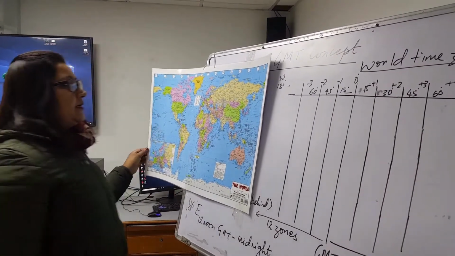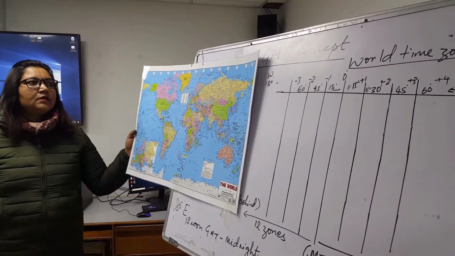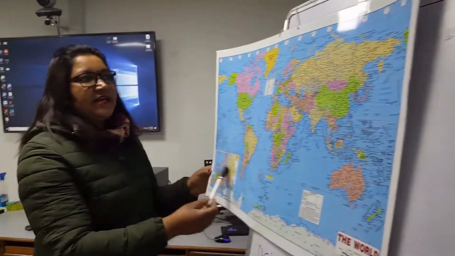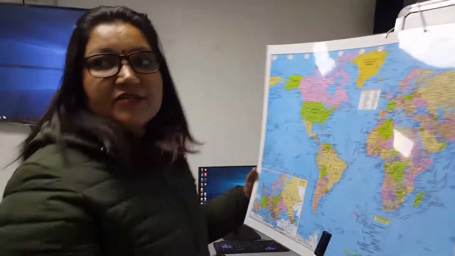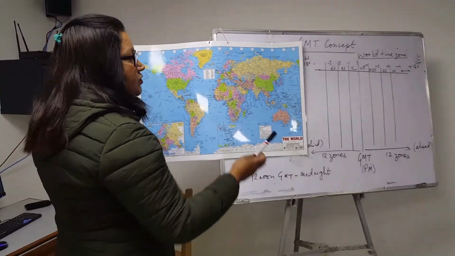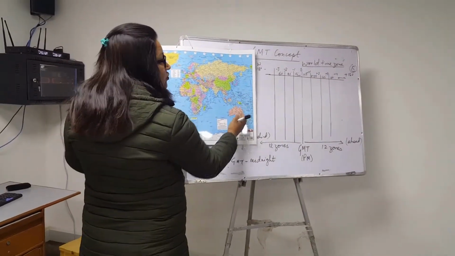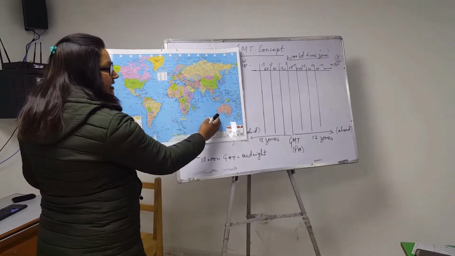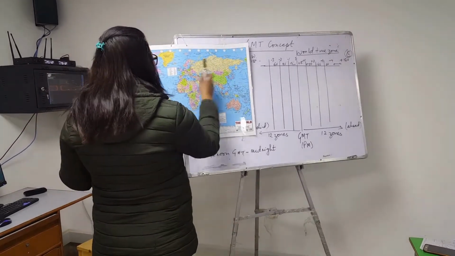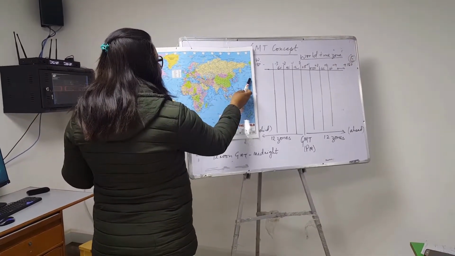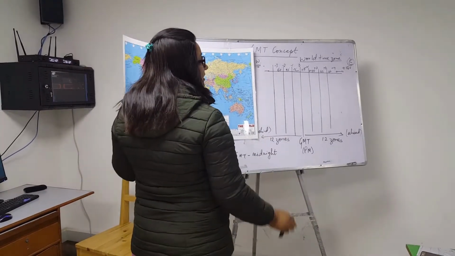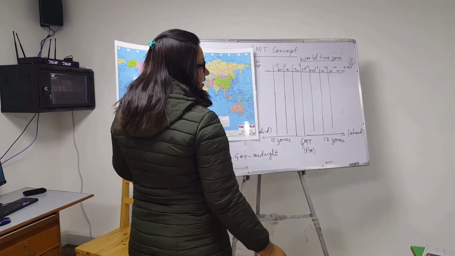Okay, now let's talk about the world time zone map. This world time zone map is followed by various countries to calculate the time of the world in an easy way. So 12 time zones to the eastern side, and 12 time zones to the western side. So there is a 1 hour time zone difference, 15 degree, is it or not? So 15 degree equals to how many hours we have taught? 1 hour. No?